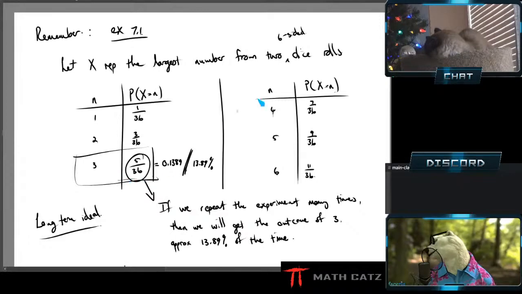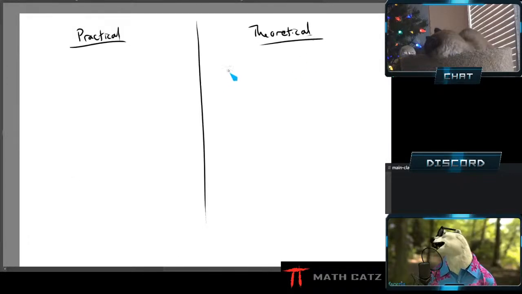Okay. So let's focus on this, for example. Let's focus on this 3. So the theoretical side says the probability that x equals 3 is 0.1389, which means 13.89%. Yes, approximately, but it's extremely close, right?